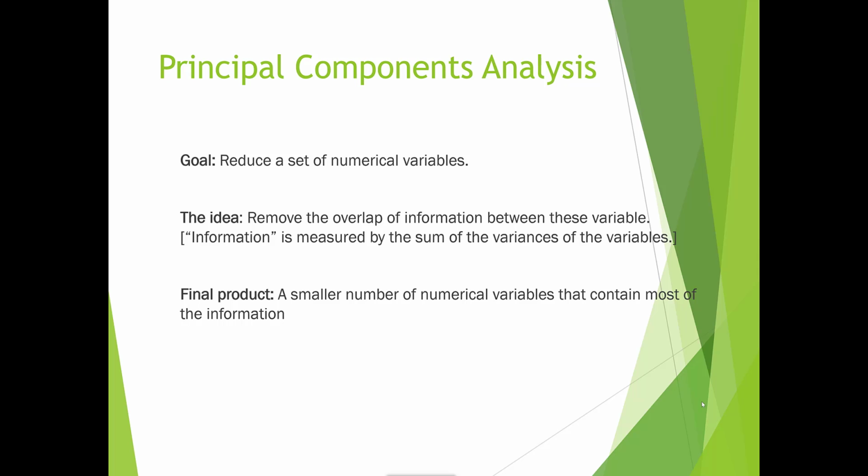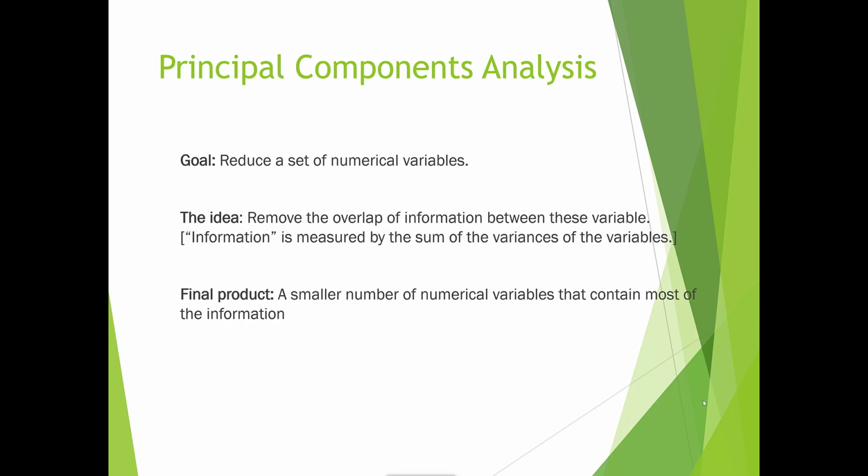So they remove the overlapping information, because those variables may have overlapping information. We're going to remove all the overlapping information and just filter out the essence of what's in there in just a few principal components.